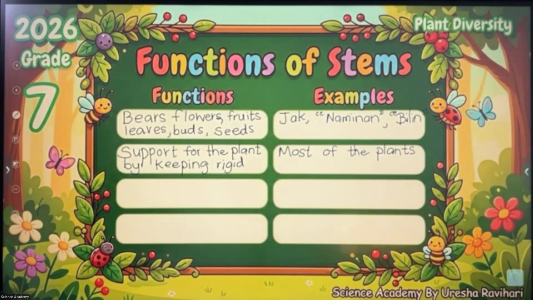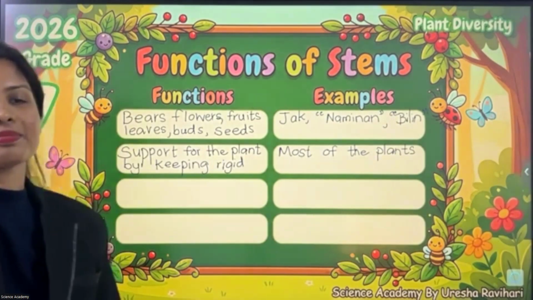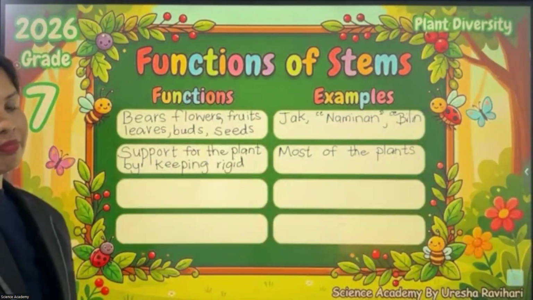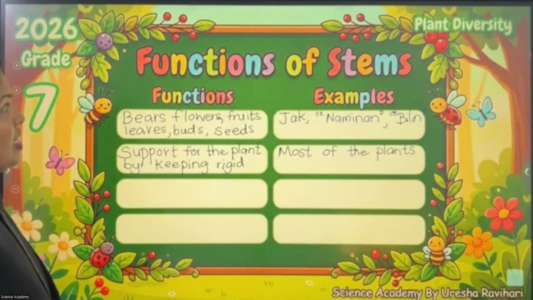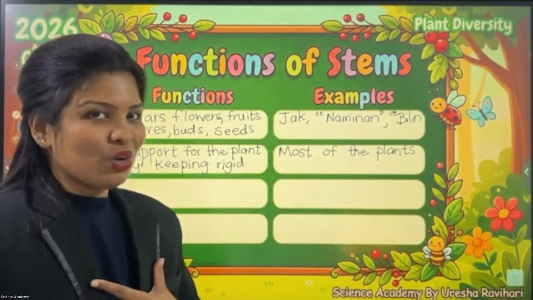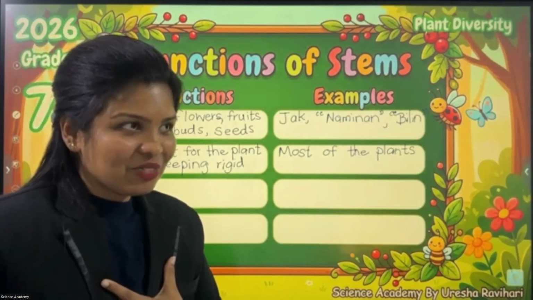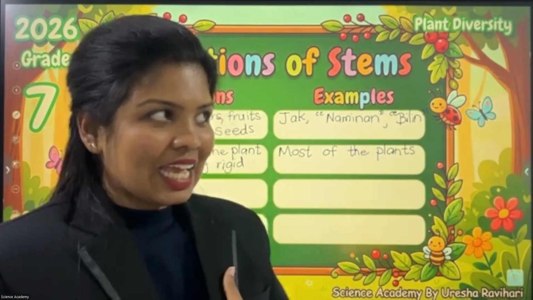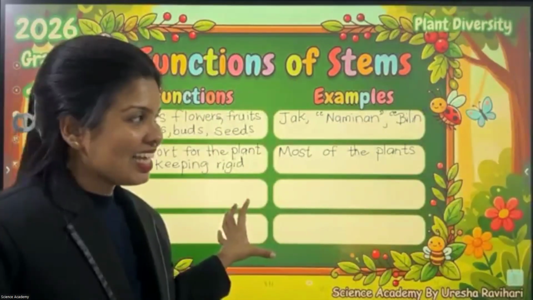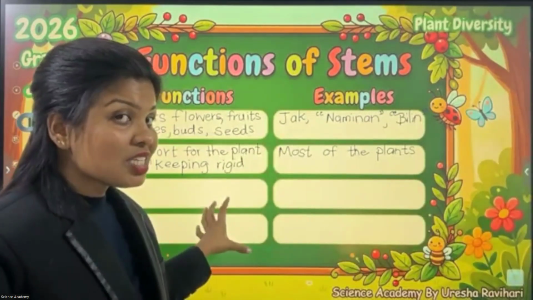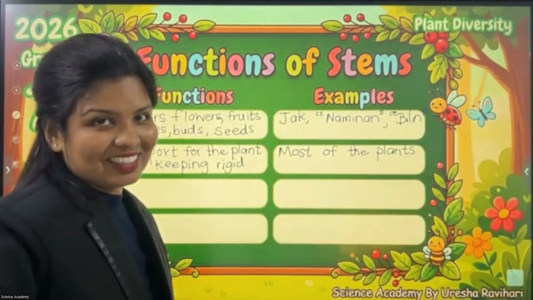Madam, we are taking the trunk of the tree to make furniture. Yes. Dear children, we get the use of that, no? We are the ones preparing this furniture. But we are writing functions which are essential for the plants.